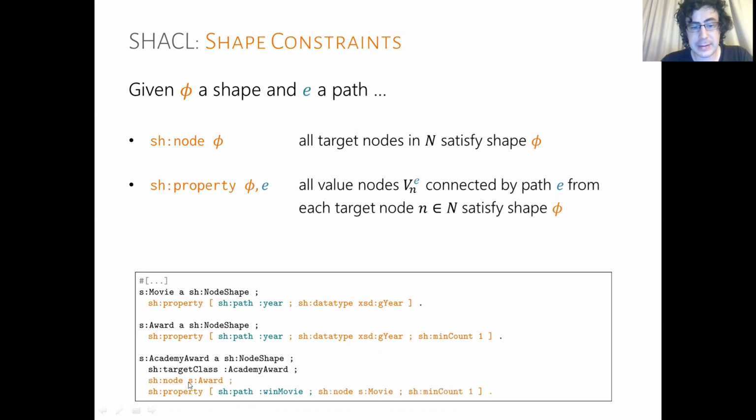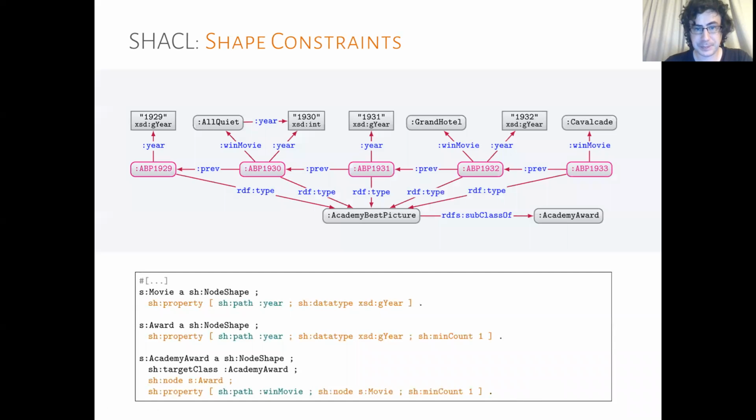In this case, we have Academy Award. We say that it must satisfy the node shape award. And then we have a property shape, where we have the path win movie. Any values must satisfy the shape movie, and there must be at least one movie that is won. Okay, so let's take an example and look at this.